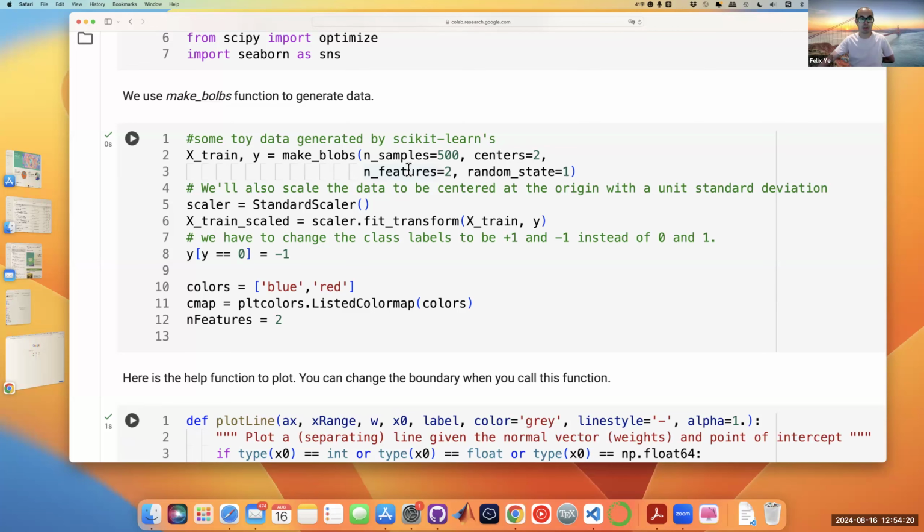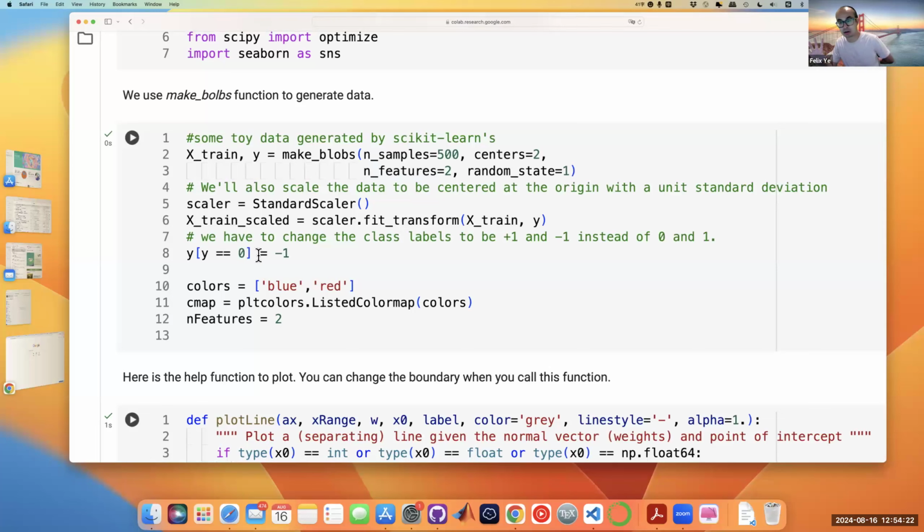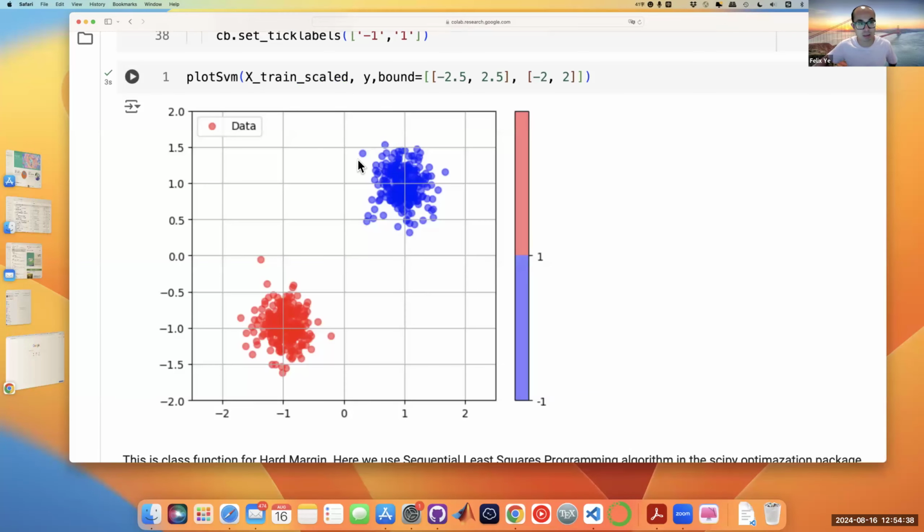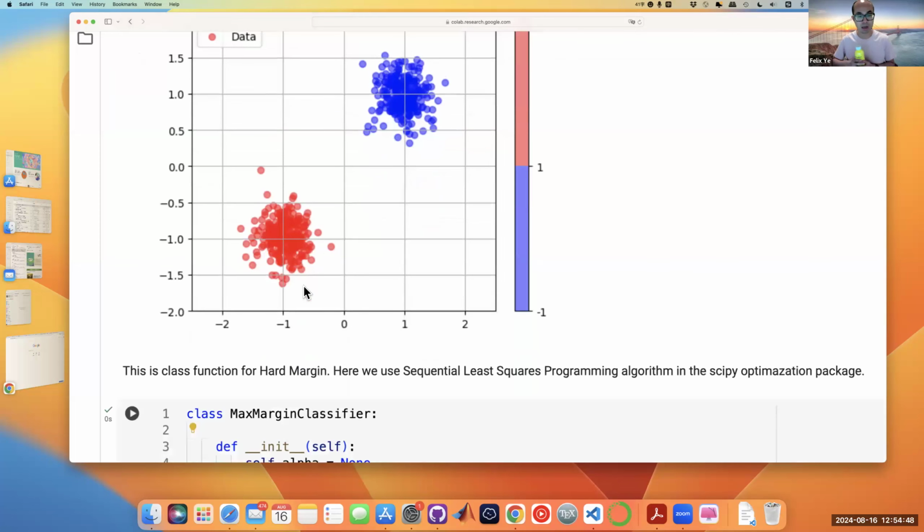The y here will just be 0 and 1, but in SVM we need to change the class labels to +1 and -1, right here and right here. And we color them with blue points and red points. You can plot them out, so this is the data right here, and you can see we have two blobs, one somewhere here and another one here.